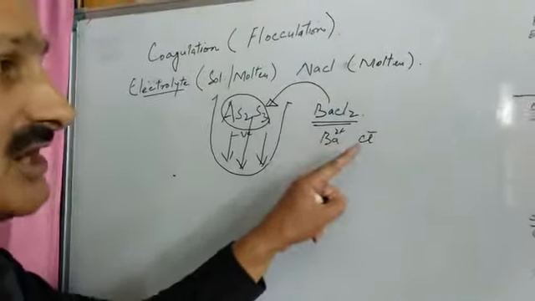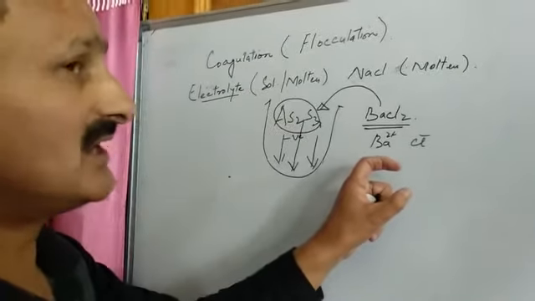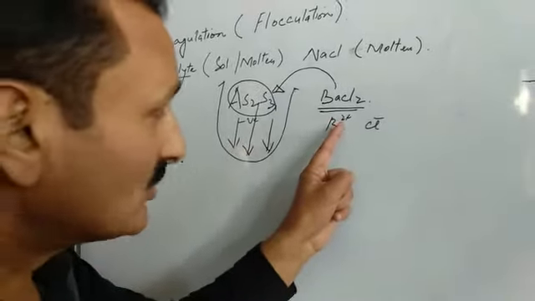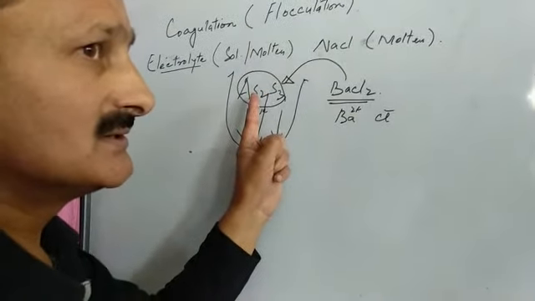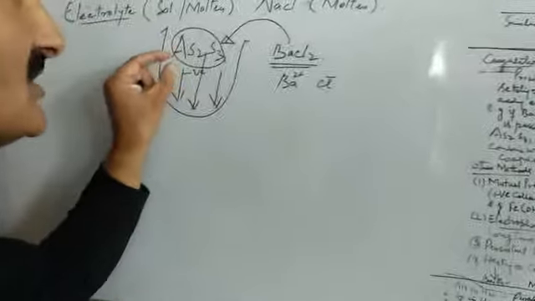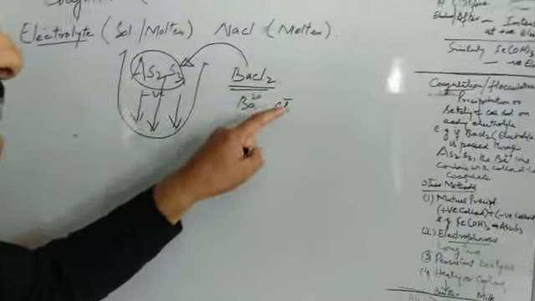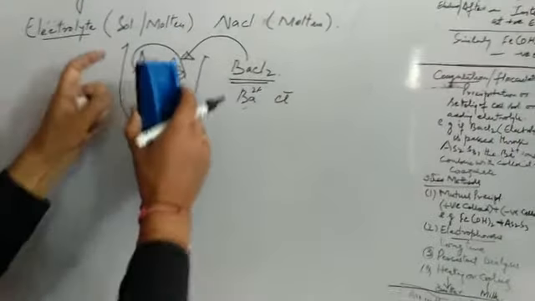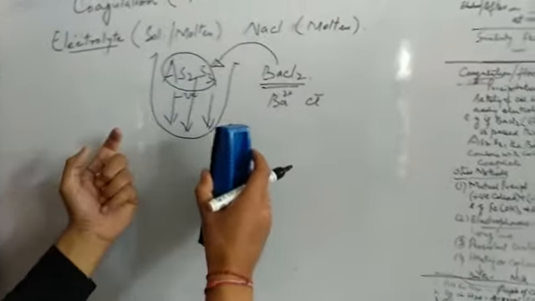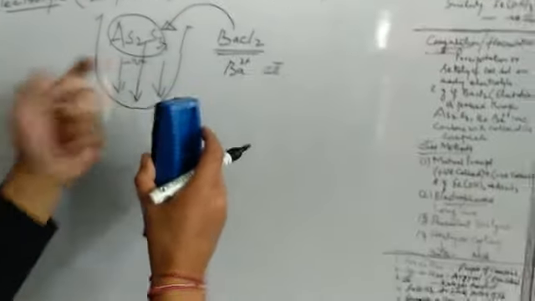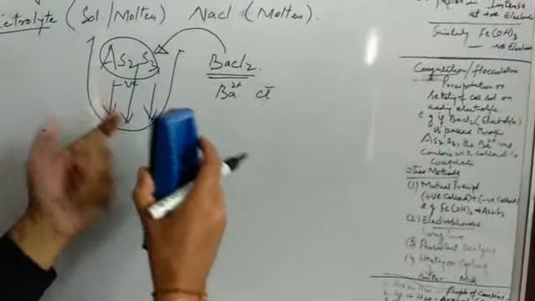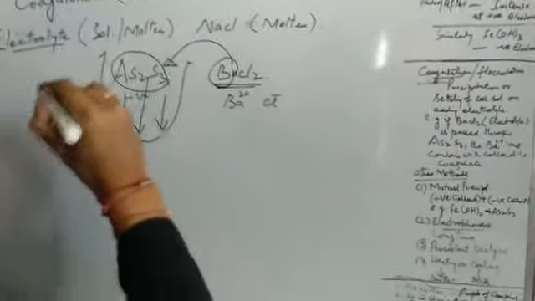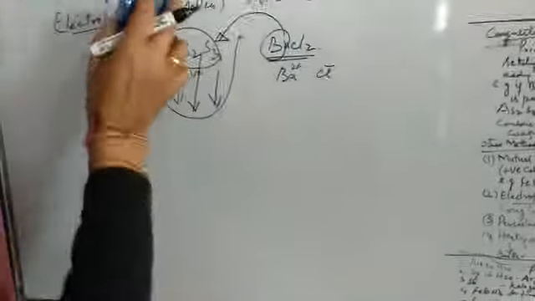By oppositely charged ion I mean that if your colloid is negatively charged, then the positive ion will react with it. If it is a positively charged colloid, then the negative ion of the electrolyte will neutralize that, and as a result, the coagulation will take place, the precipitation will take place, the flocculation will take place. So which ion has done coagulation here? Barium ion. Then we have some other methods of coagulation also.